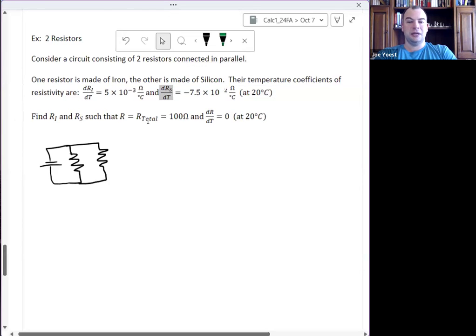For silicon, it goes the other way. It's actually negative. Silicon resistors get less resistive when they're warmed up. Their temperature coefficient is negative 7.5 times 10 to the negative 2 ohms per degree Celsius. So let's suppose that we have some circuit on maybe an airplane, something that's going to be subject to extreme temperature swings.